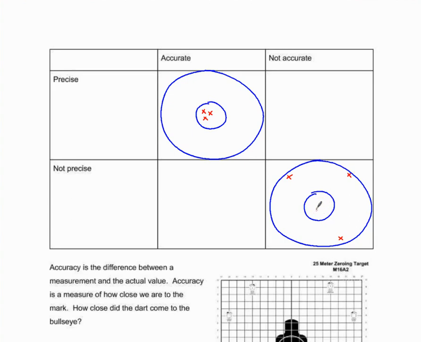But I was aiming for the bullseye. Now this one is not accurate, and it's not precise, but it also is not telling us which one of these is which. So let's look at these other two boxes and see if we can figure this out.